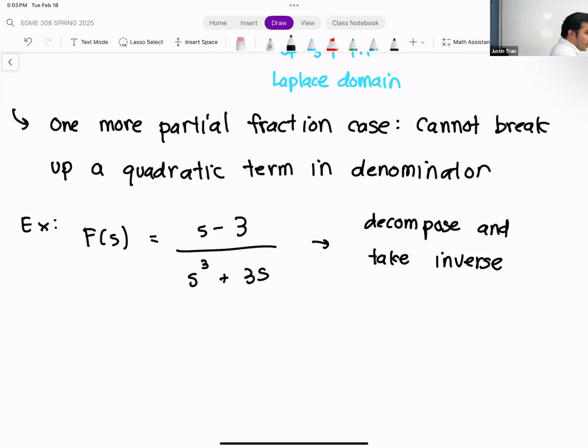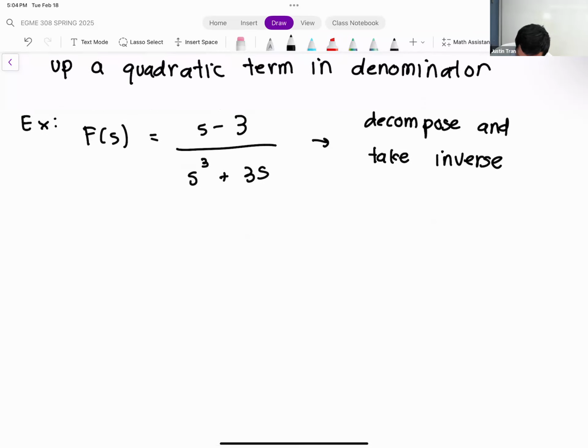So first thing we see here is let's factor out an s from the denominator. If we do that, we get s minus 3 over s times s squared plus 3. So we factored that out, and let's decompose this into different expressions. Except we have one issue here that we haven't seen in our previous examples.